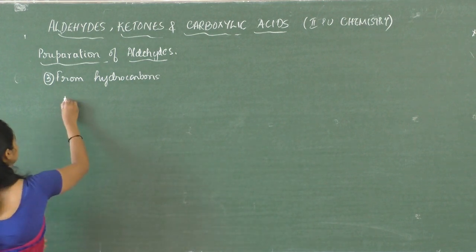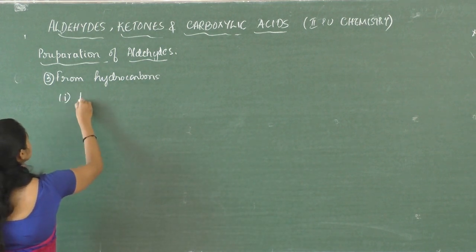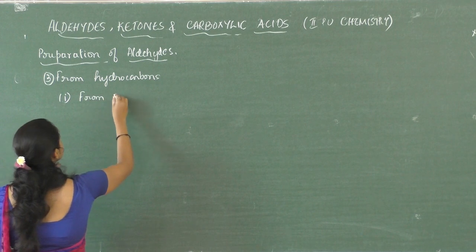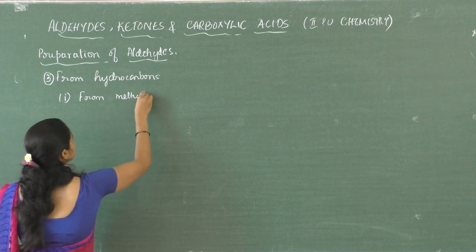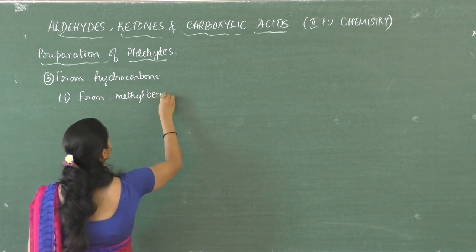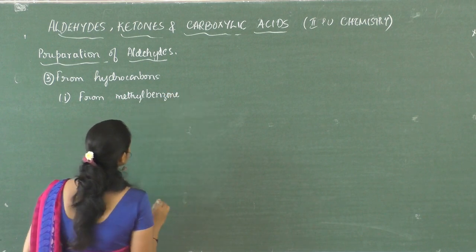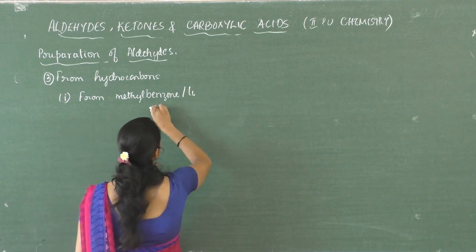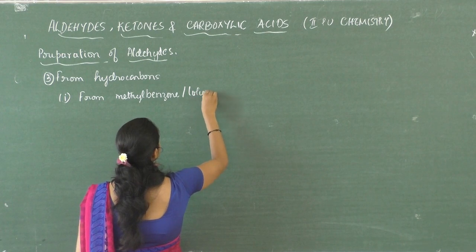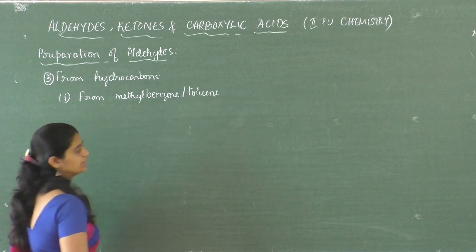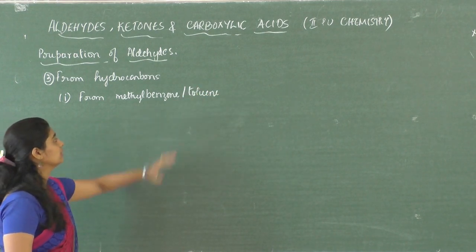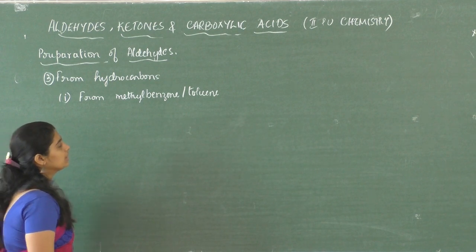Let us take the first one, that is from methyl benzene, or this is the IUPAC name, and the common name is toluene.